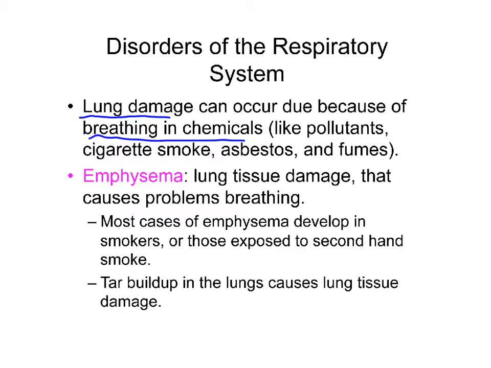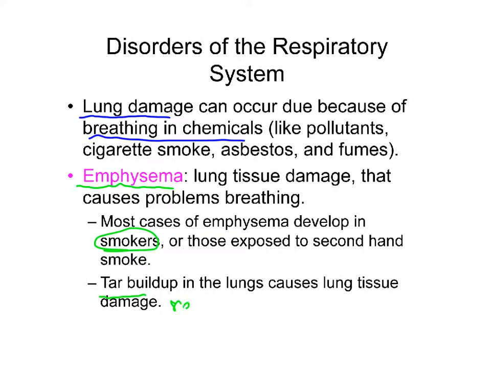One specific disease that's associated with exposure to lots of different chemicals is called emphysema. And emphysema occurs when we have lung tissue damage that results in problems breathing. Emphysema is really strongly associated with smoking. And basically what's happening with emphysema is there's an excess buildup of tar and tar-like chemicals that cause damage.